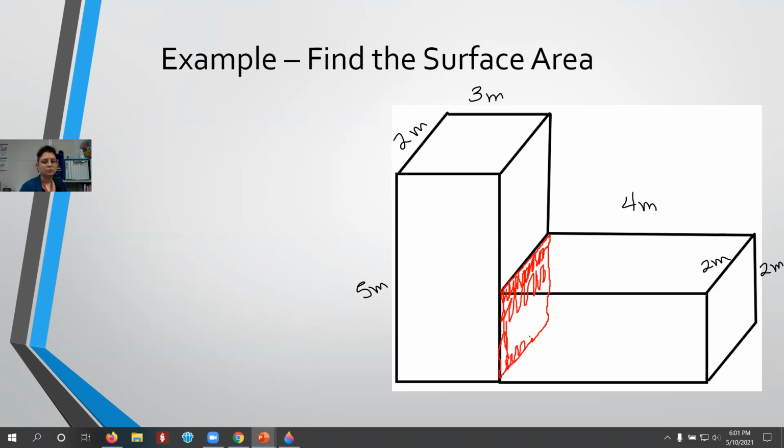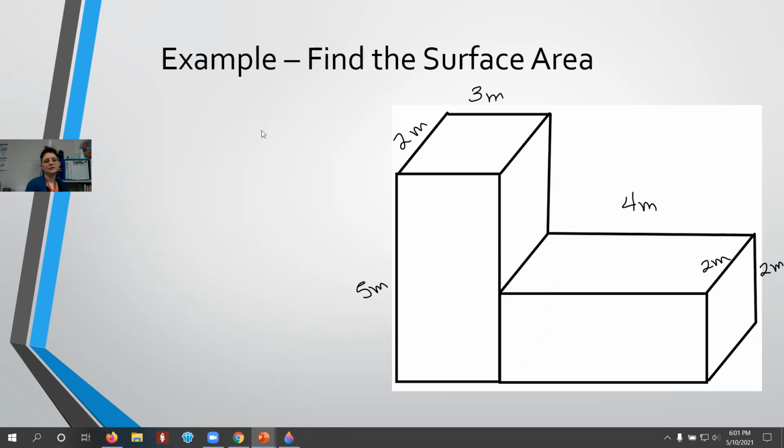Think about it, if you were building a model that you had to glue at the end and then paint, well, you wouldn't glue it together and then take it apart, paint it, and glue it back together. So there would be no paint in this section I've shaded red because we can no longer reach that. I'm just going to erase that and then we'll get right back.